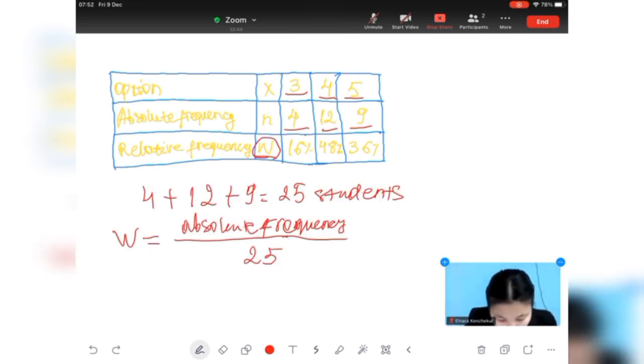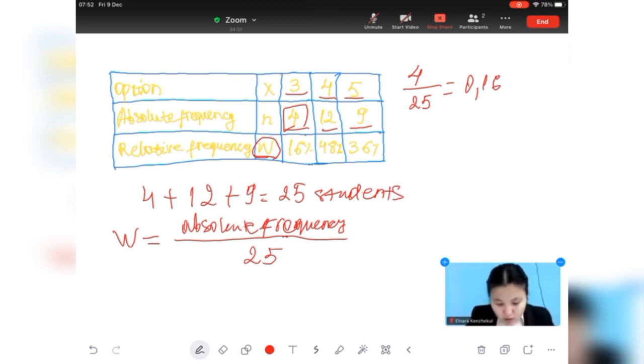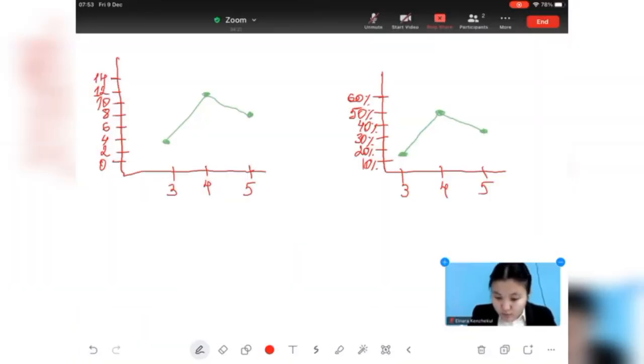For example, we divide 4 by 25, which is equal to 0.16, and we multiply it by 100%, which equals 16%. And now we draw the frequency polygon.